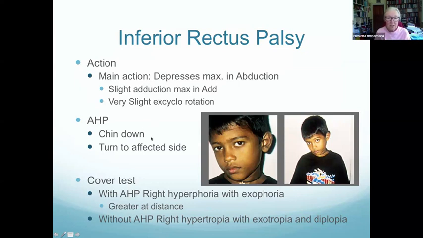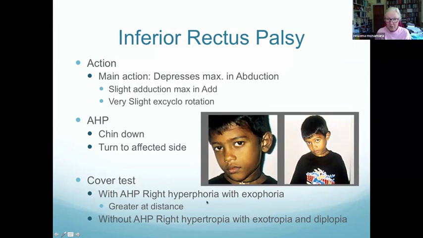So the chin is down because the patient doesn't want to look down where it's double vision. And they're turning it to the side. You can see all of his left ear, and you can't see any of his right ear because his head is turned. And this is to give him single vision. So the cover test with the abnormal head posture would be that there's a phoria, a latent squint.